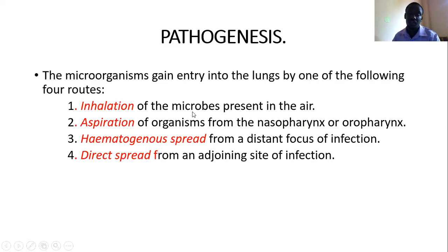Now this one usually occurs especially in comatose patients, those who are unconscious, like those who have cerebrovascular accidents, those who have an injury to the head, those comatose patients due to various reasons. Then you have hematogenous spread from a distant focus, like the patient might be having a liver abscess.